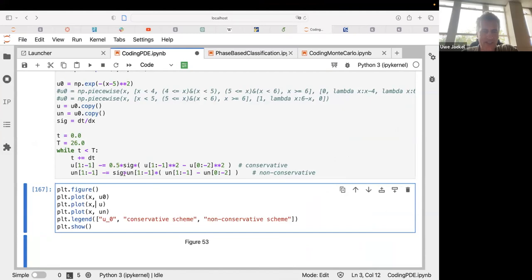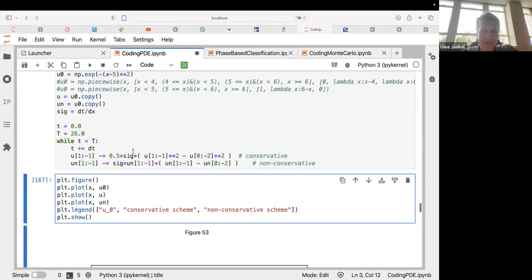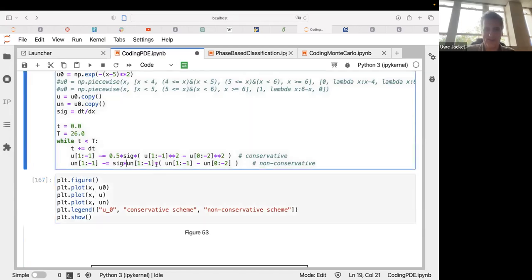Now the problem is that in this scheme you multiply with the velocity, and if it's very small, it's very hard to get matter inside. Let's say it's exactly 0. Then it's impossible to get matter into this interval, because you multiply it with 0, so you update with 0 again and again.